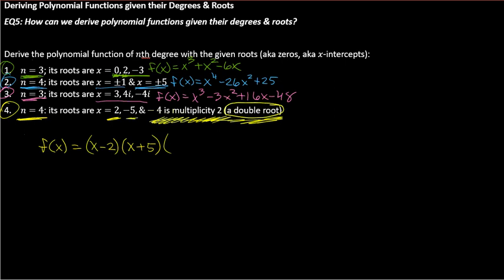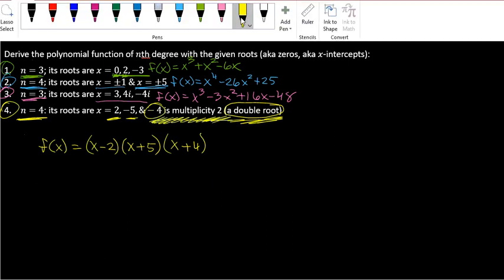It's the simplest way to put it, or it's just there twice. So it's going to be x plus 4, right, because it's minus 4, but it's going to be squared. It's going to be there twice, right? Or you can think of it as x plus 4 times x plus 4. And that's how I'm going to need to write it anyways, because I'm going to have to FOIL all this out.